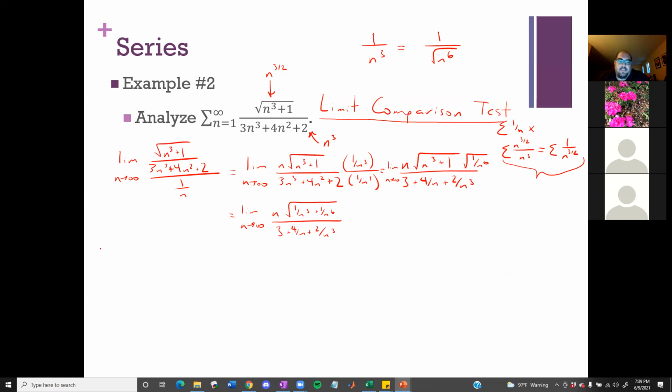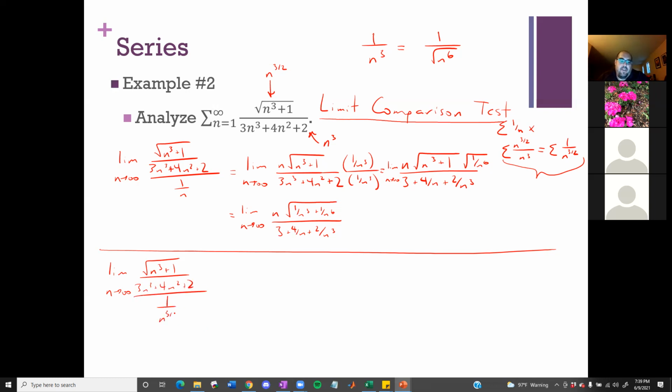So now let's set up a new limit that hopefully behaves better for us. So limit of square root of n cubed plus 1 over 3n cubed plus 4n squared plus 2 over 1 over n to the 3/2. So now what we get here is, denominator will stay 3n cubed plus 4n squared plus 2.